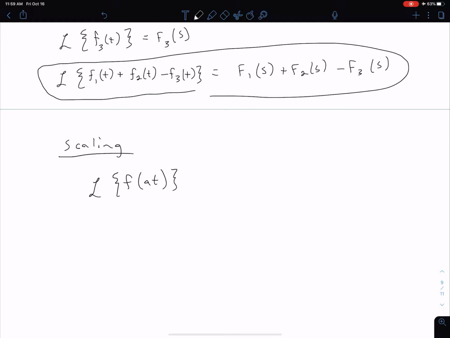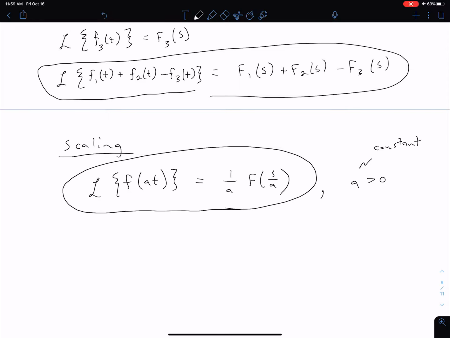So we're scaling this in time. It turns out that this is 1 over a times F of s divided by a. In this case, a is a constant that's greater than 0. So that would be our scaling property.